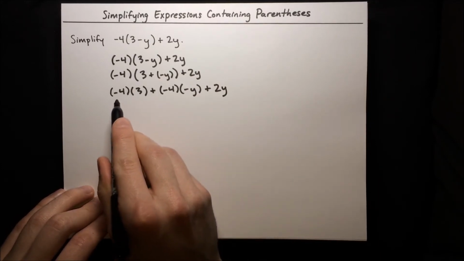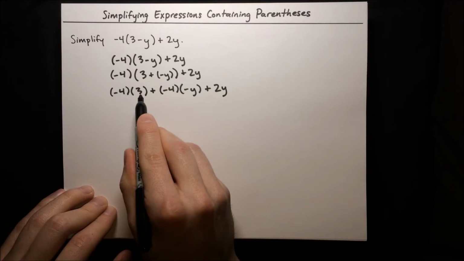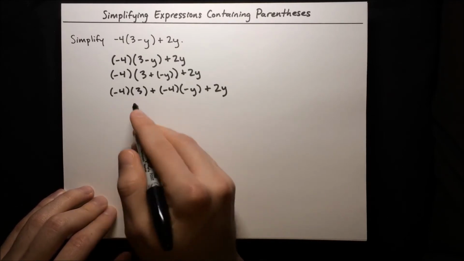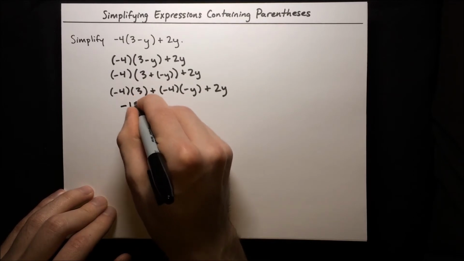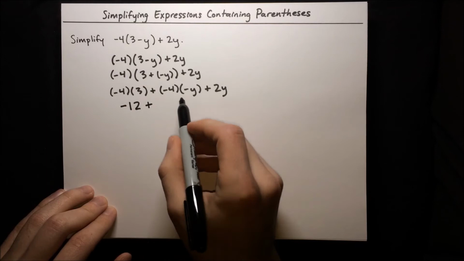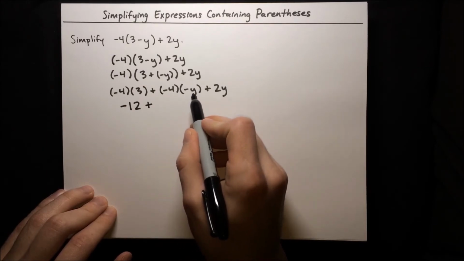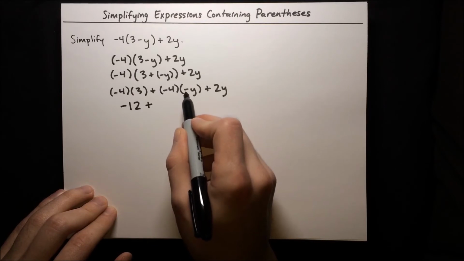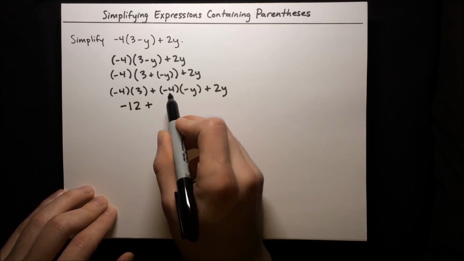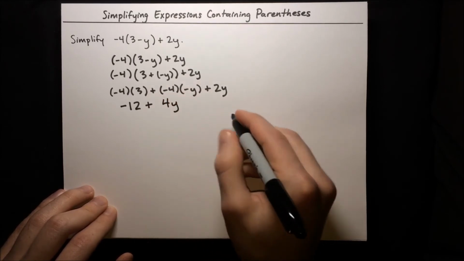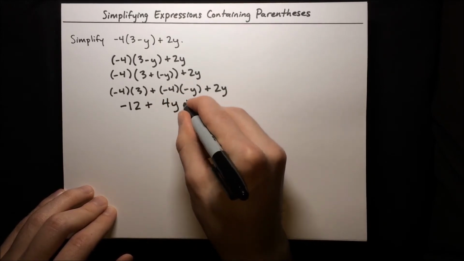Let's go ahead and compute. Negative 4 times 3. Well, 4 times 3 is 12, and then the negative sign stays on, so that's negative 12. And then we're adding, well, 4 times y is just 4y, and then this is negative times a negative, so the negatives cancel out, and we've just got positive 4y. So just plus 4y, and then plus 2y.